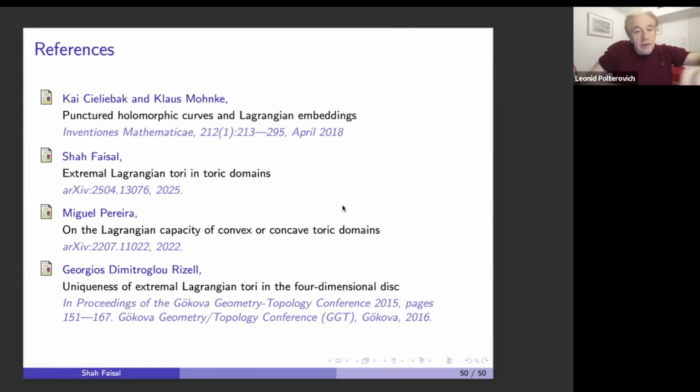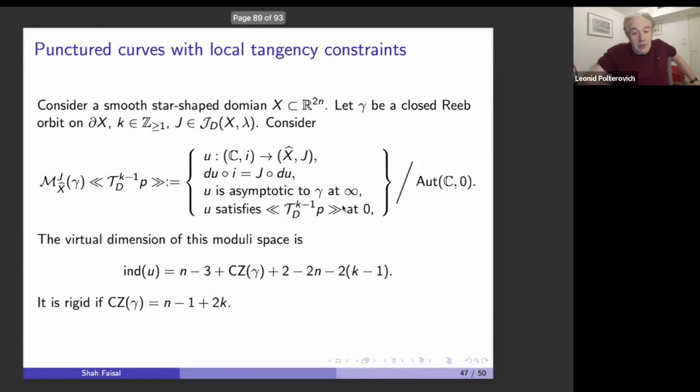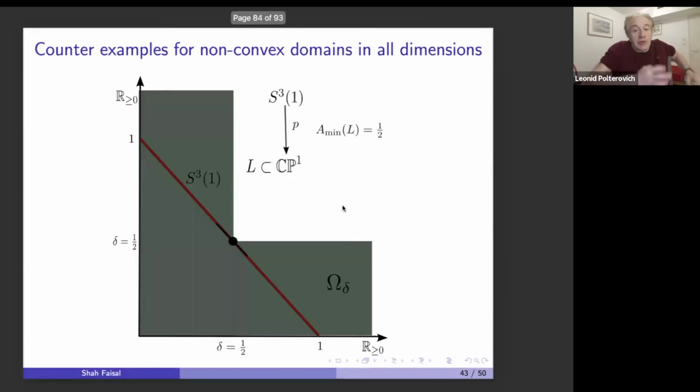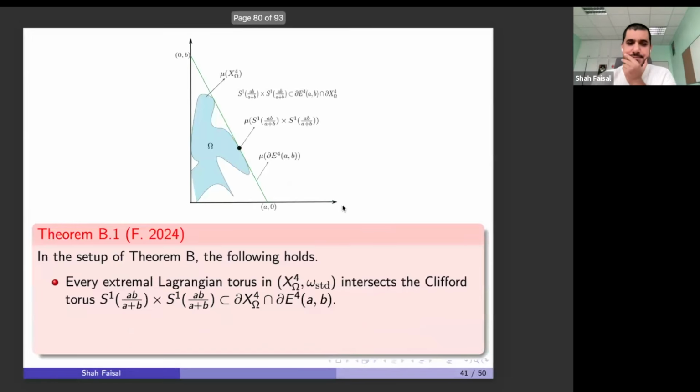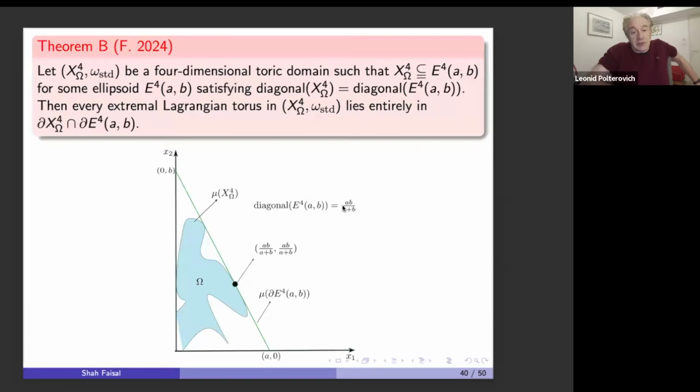Well, I have a question. Assume that you have not a toric domain, but some domain which is non-integrable in general, so that you don't have invariant Lagrangian tori on the boundary. And still assume that the optimal torus exists in the closure of the domain. Then the natural question is what would be the intersection between such a torus and the boundary?